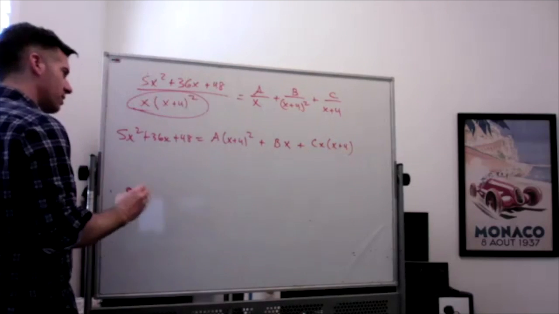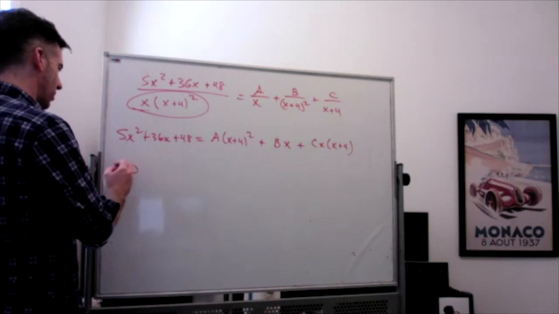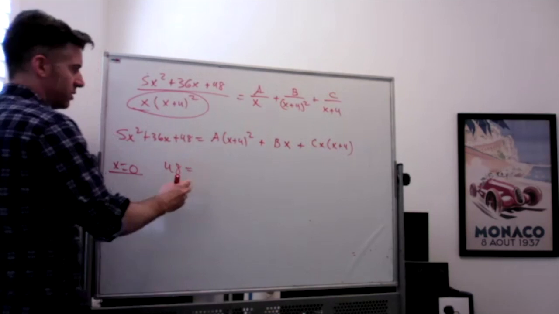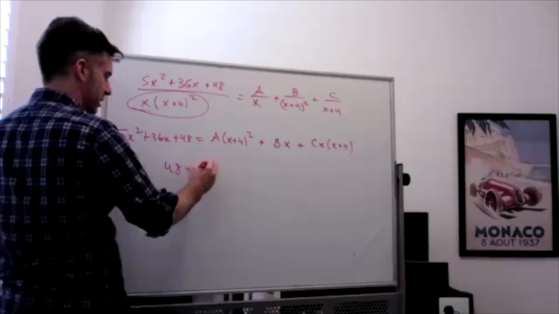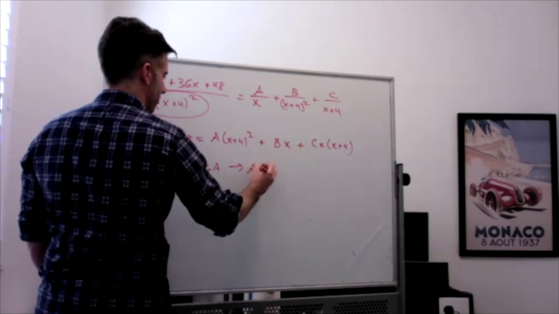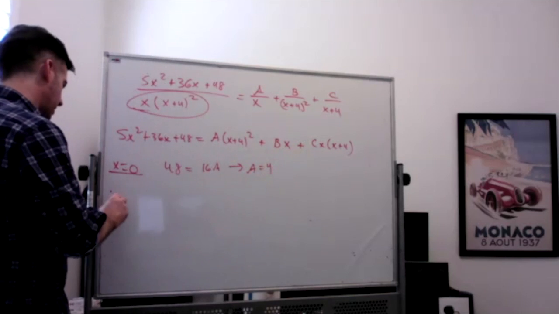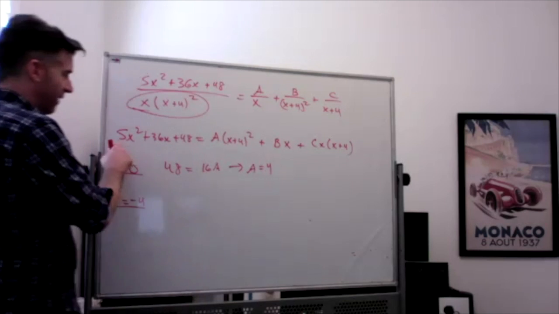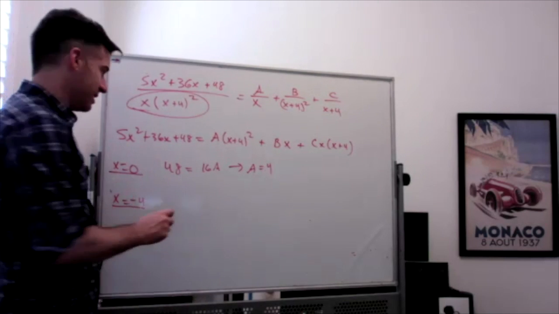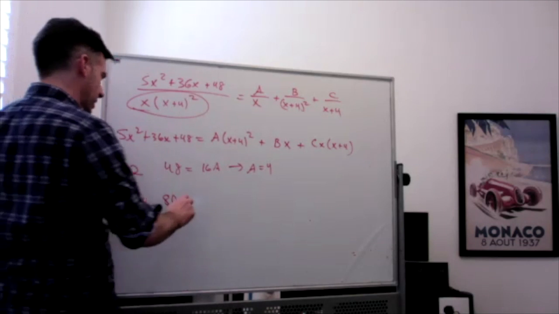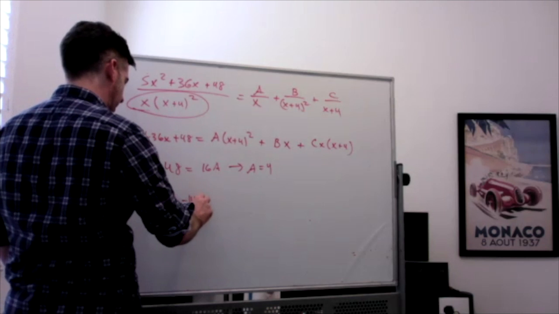All right, so if you let x equal 0, you get 0 plus 0 plus 48 equal to a times 4 squared, so 16a plus 0 plus 0. So a equals 3. If you let x equal -4, that's going to be fun. 5 times (-4) squared, 5 times 16 is 80. 36 times -4 is negative 144.